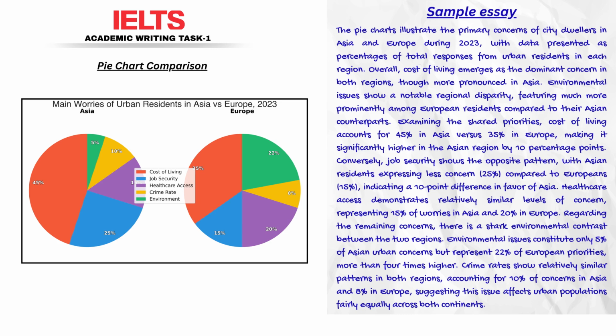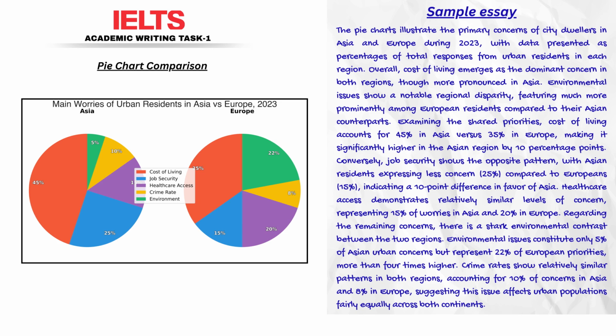Paragraph 2 is the all-important overview, where you summarize the main trends. Paragraphs 3 and 4 are for the details, where you present specific data to support your overview. This structure is powerful because it's crystal clear and logical, allowing the examiner to follow your points effortlessly.